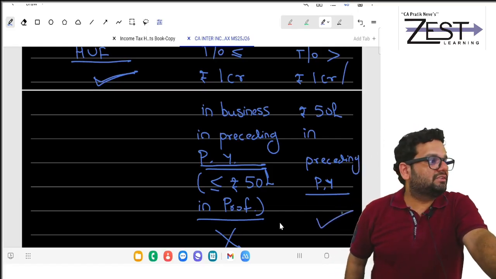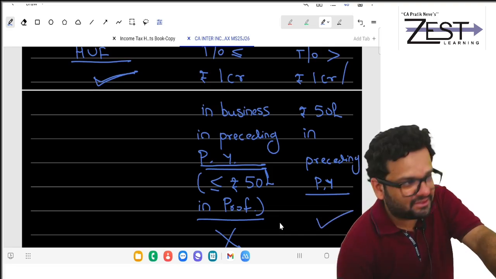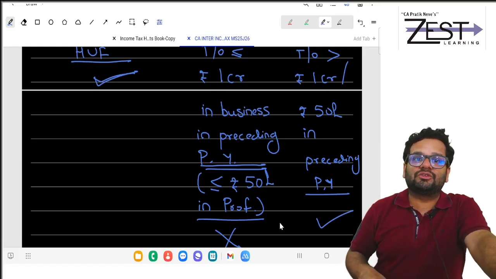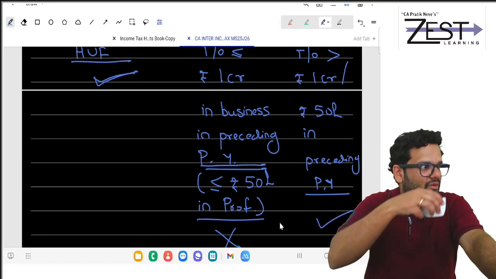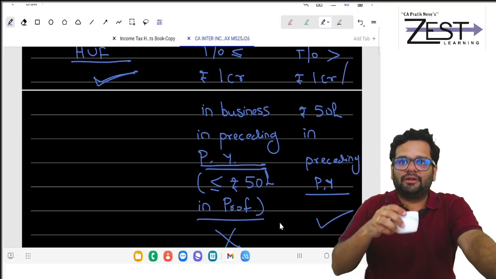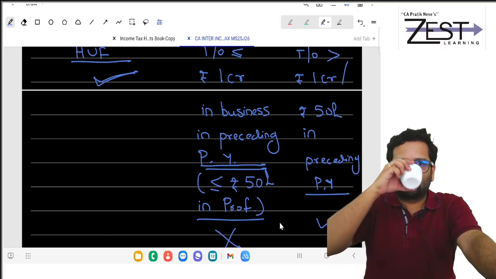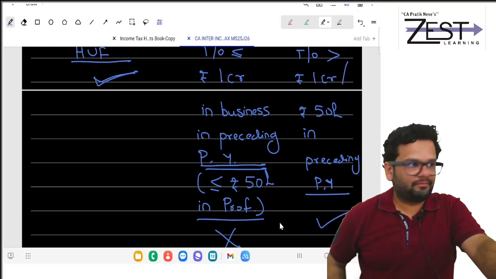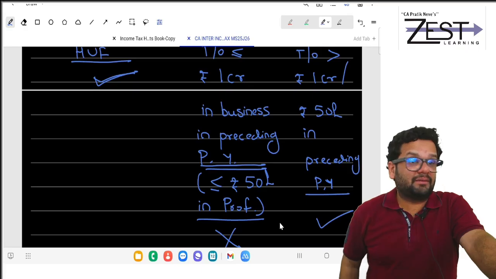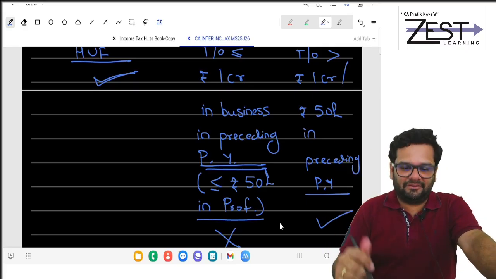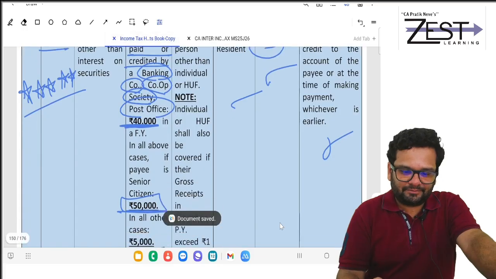Because you are a well-settled, sorted business, you can employ people to do TDS. You can outsource the work and pay their fees. Did you get the point? Yes or no? So from next time, whenever I see this clause, I will say the same as 194A.